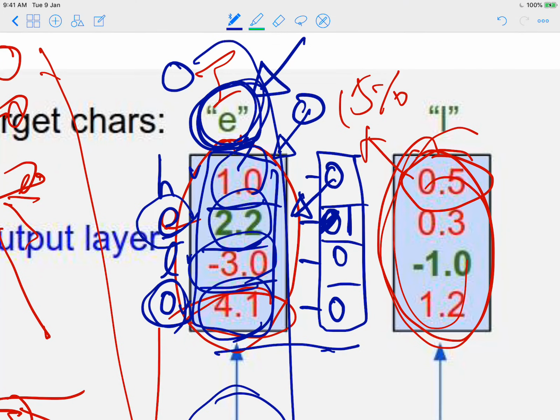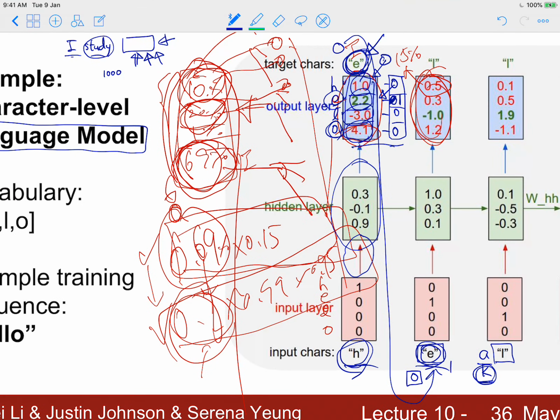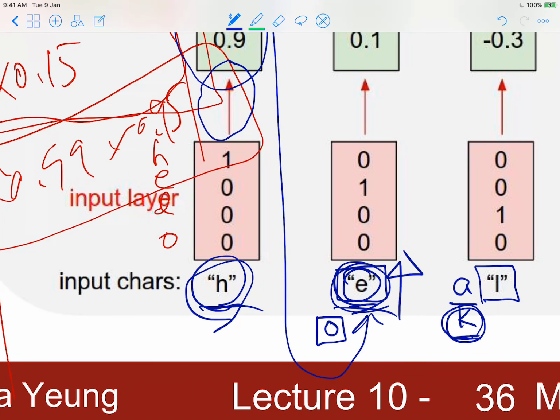Whether we produce the correct output or not, to trigger the next time step's RNN, we can provide the ground truth input, or we can provide this potentially incorrect output that was generated in the previous time step.